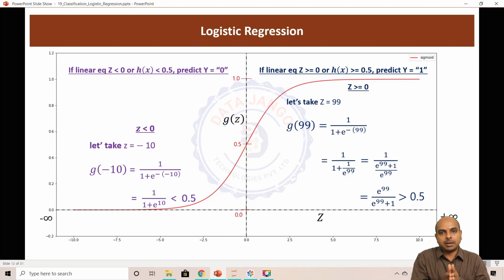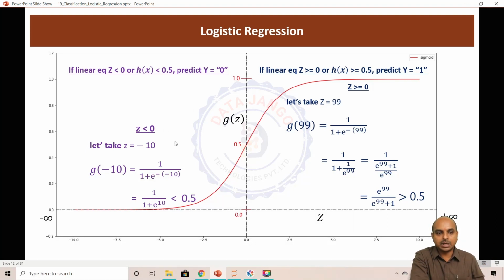When your linear combination is less than 0, the record belongs to negative class, 0. If your linear combination is greater than or equal to 0, the record belongs to positive class, 1. The same thing is simulated using this formula, 1 by 1 plus e power minus z. You can use a linear equation to make classification by taking 0 as the threshold.